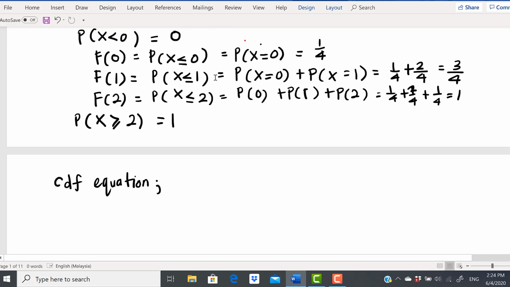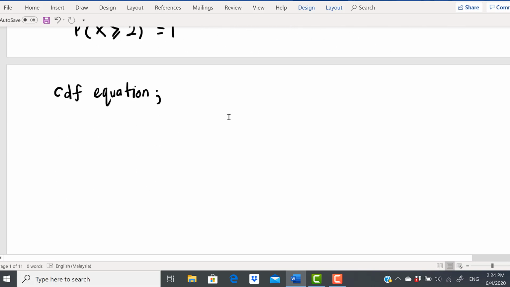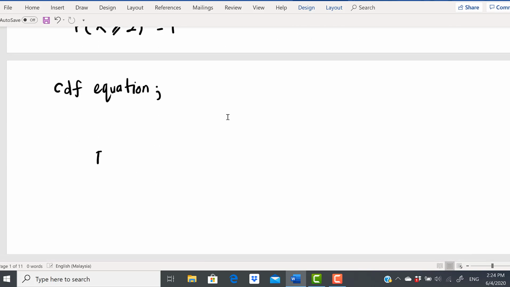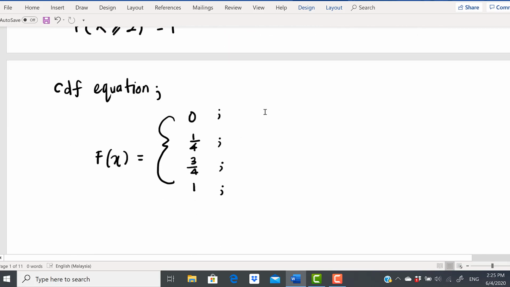From this answer, we have 0, 1 over 4, 3 over 4, and also 1. So your CDF equation, F of x is equal to 0 when x is less than 0.